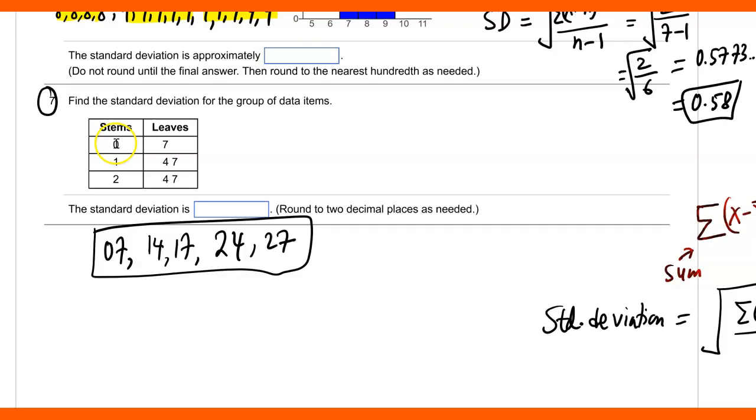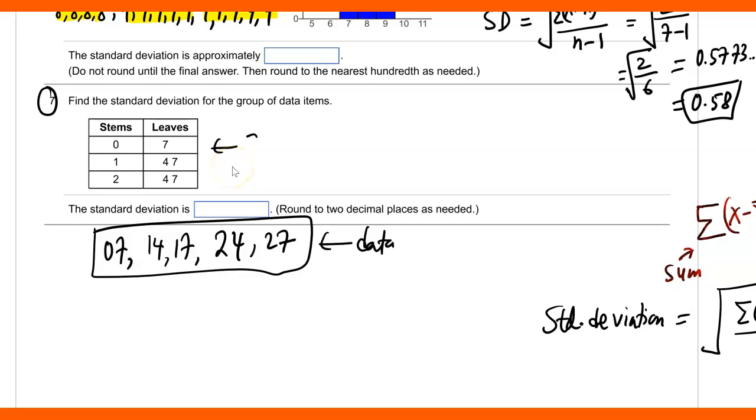Stem is the first digit, leaf is the second digit. Remember that if you have 2 leaves, that means 2 data items from that one stem. 14, 17, 24, 27, 7. This is the data we found from this stem and leaf plot.